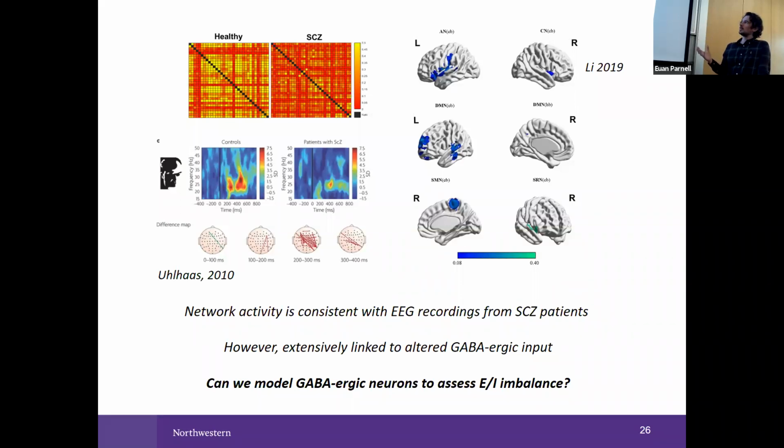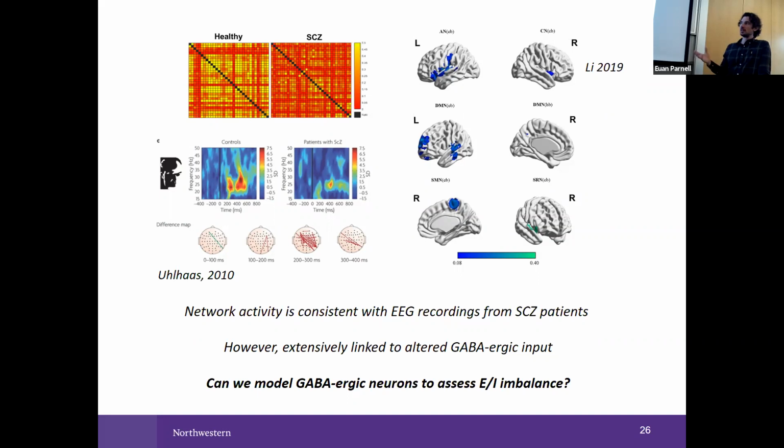So typically, these EEG recordings and fMRI will look at these large oscillations of multiple cells. And schizophrenia typically presents with oscillation changes at very high frequencies, these gamma band oscillations, which we don't see in our pure culture of excitatory neurons.